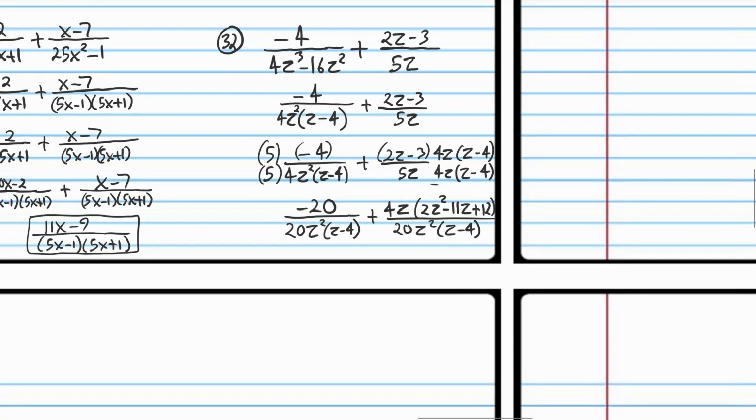So now we're going to distribute the 4z into all that. So we get 8z cubed minus 44z squared plus 48z.